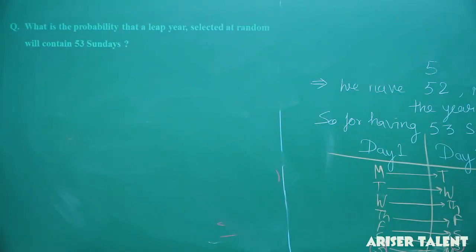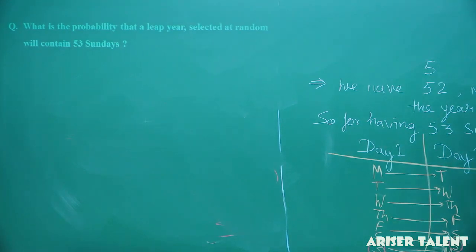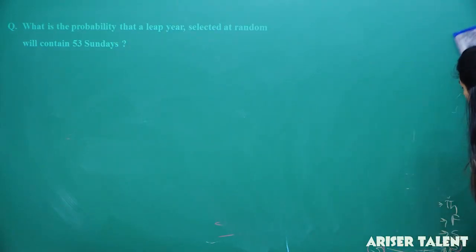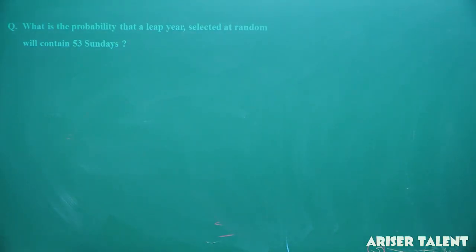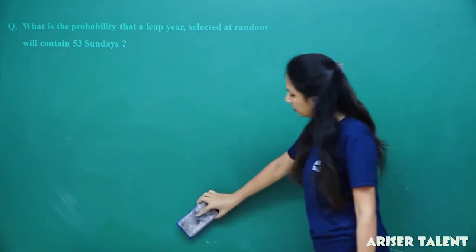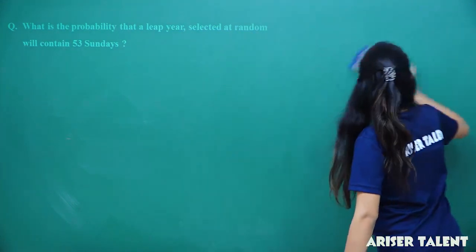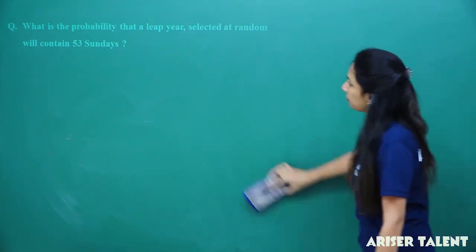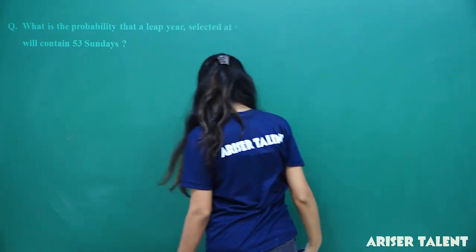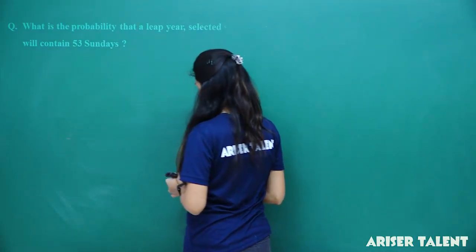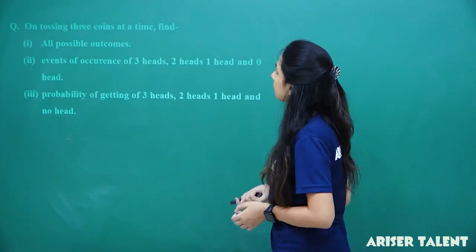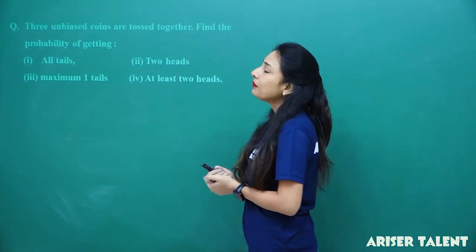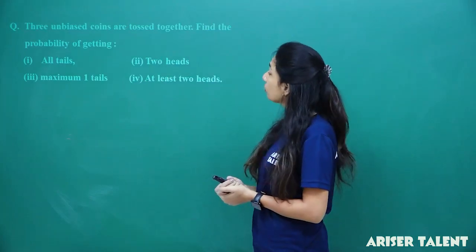So enough of questions for today, but I have a question for you guys to practice. I'll give you some clue for that, and you have to solve it. 3 unbiased coins are tossed together.